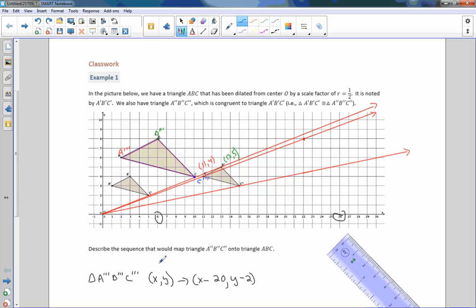Well, we scaled it, centered around O. So I would say a dilation, from center O, which is the origin, with a scale factor of r equals 2.